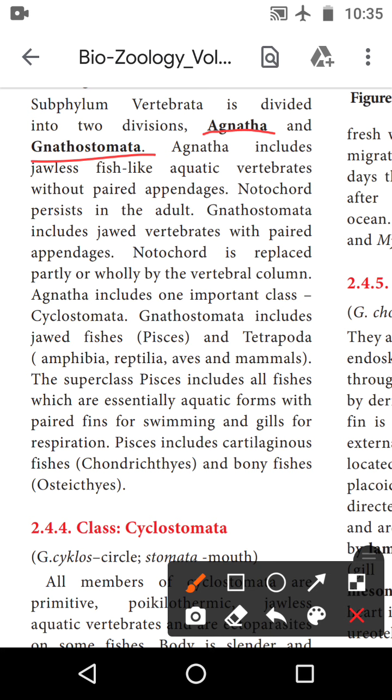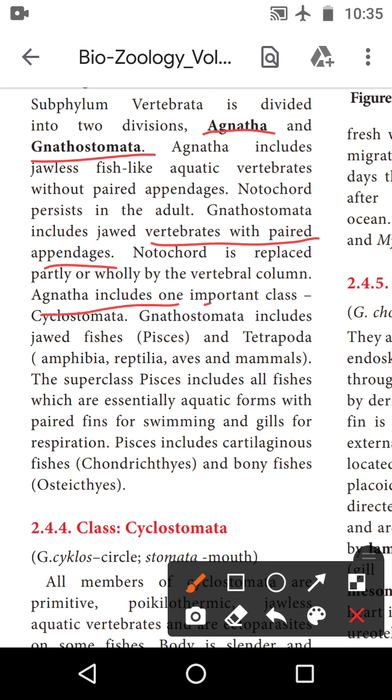Notochord is present in the adult. Gnathostomata include the jawed vertebrates with paired appendages. So what is Agnatha? Agnatha is without paired appendages, with notochord in the adult, but Gnathostomata has paired appendages, and the notochord is partially replaced by the vertebral column.